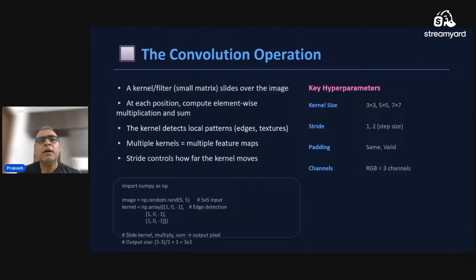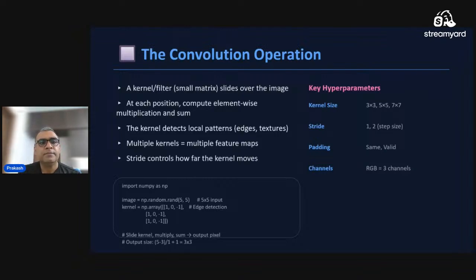Now, how does convolution work? They call it a kernel function or filter. It's a small matrix that slides over the images and understands the pattern, and it keeps doing the computation. This keeps scanning the images and finding the pattern.